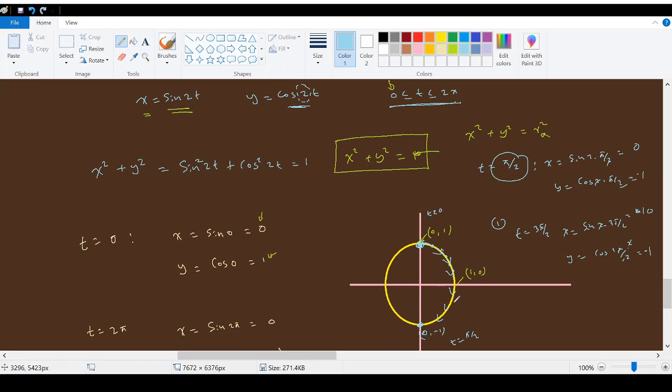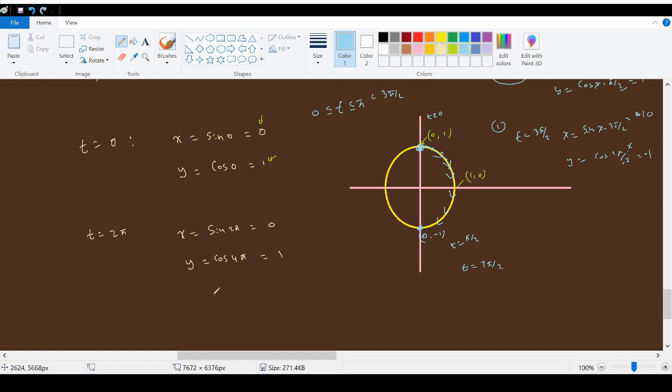So what is going on inside? What actually happens is that this circle will complete a full cycle when t runs from 0 to pi, and 3 pi by 2 is greater than pi.